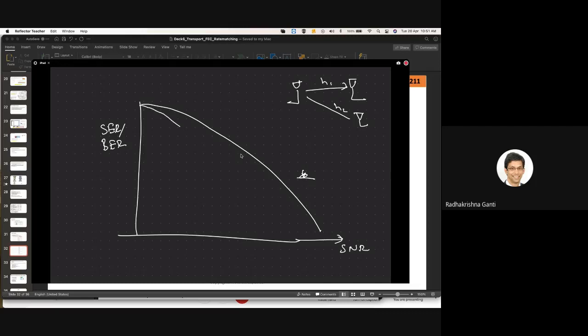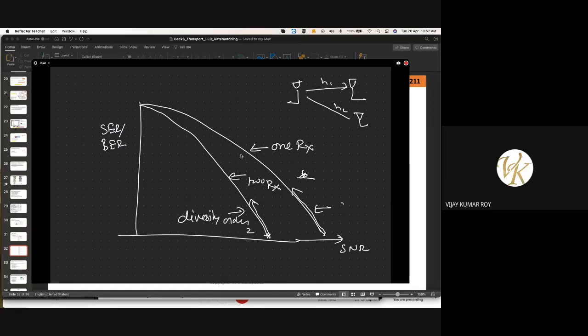Then it will fall like this. This is the gain that you get because of the slope. The slope at infinity will change. This is called diversity order 2.